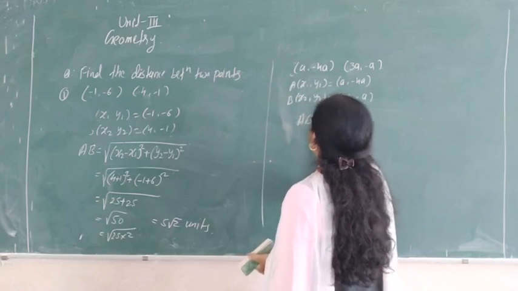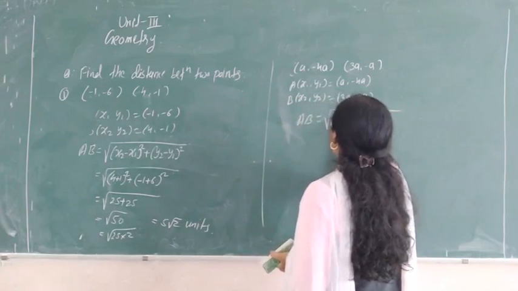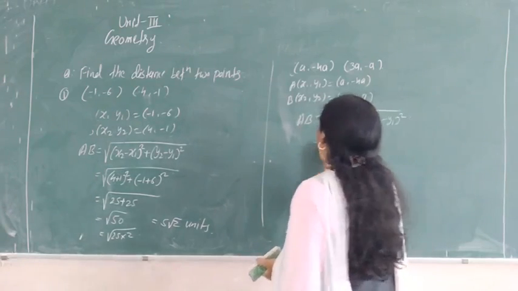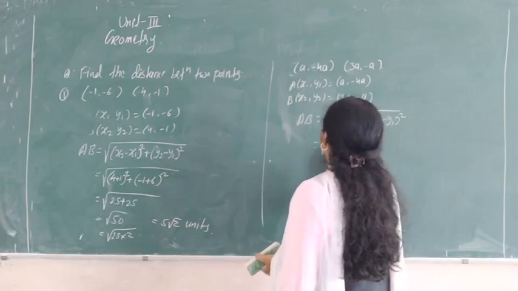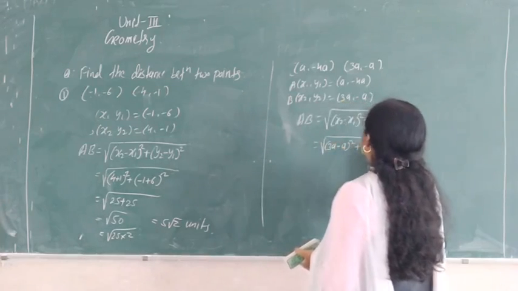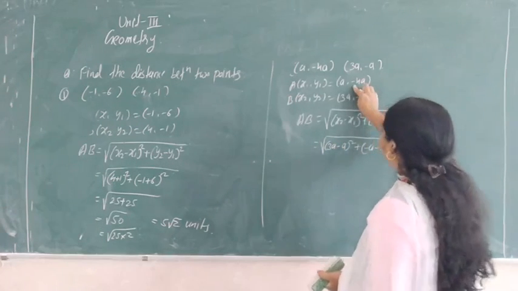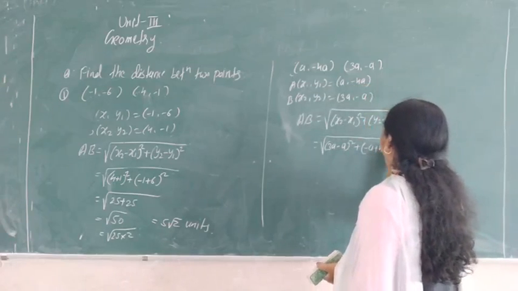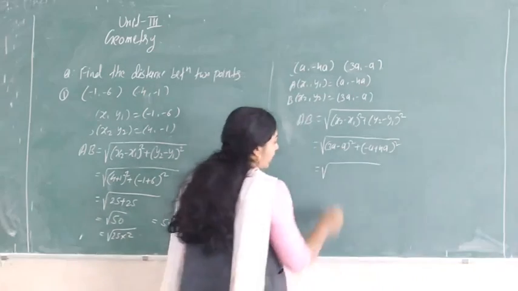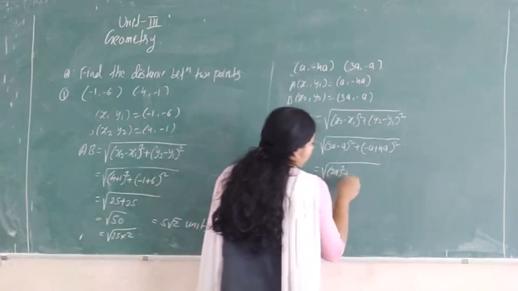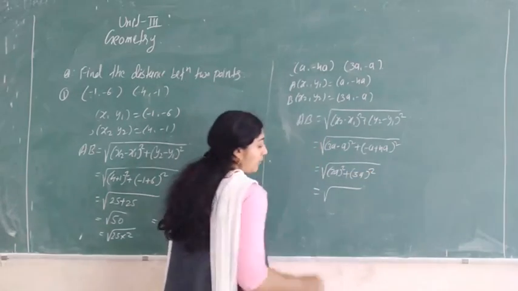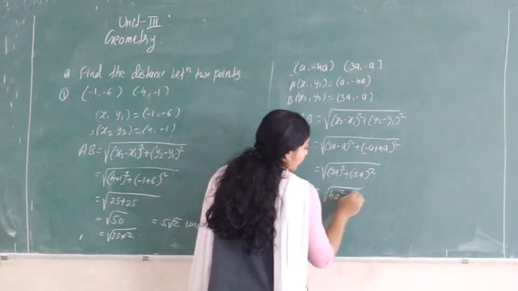So the distance between AB is again square root of (x2 minus x1) whole square plus (y2 minus y1) whole square. What is x2 here? 3a. So 3a minus x1 which is a, whole square, plus y2 is minus a minus y1 which is minus 4a, minus into minus it is plus 4a, whole square. So this is square root of (3a minus a is 2a) whole square and (minus a plus 4a is 3a) whole square. What is 2a whole square? 2 square is 4, a square is a square itself.